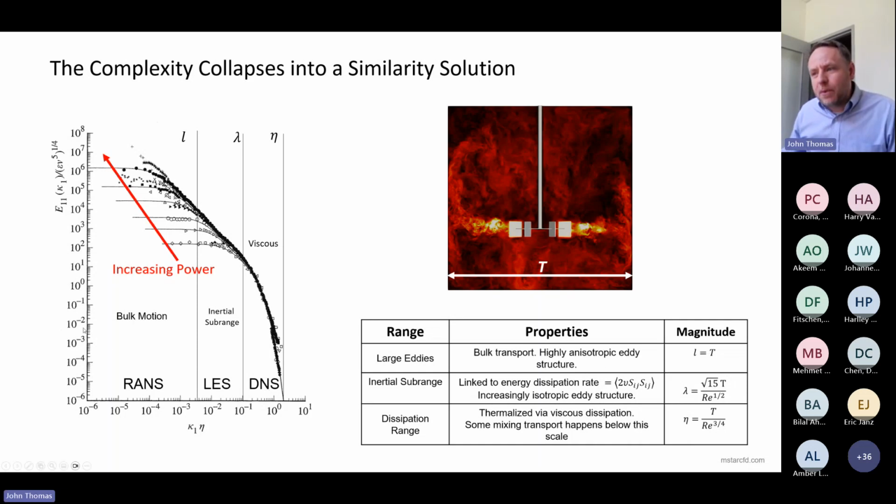In LES, we start poking down towards the Taylor scale and start resolving more of this energy cascade explicitly. In DNS, we see it all. So when we're increasing resolution, the wave number that we can characterize from the turbulent field is related to the resolution, the lattice spacing.